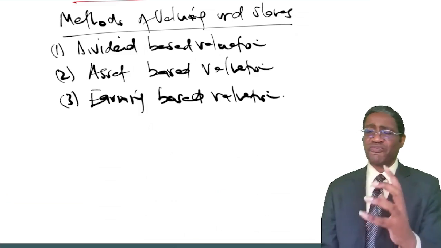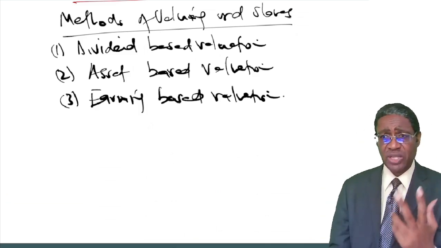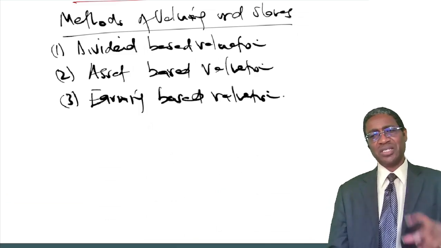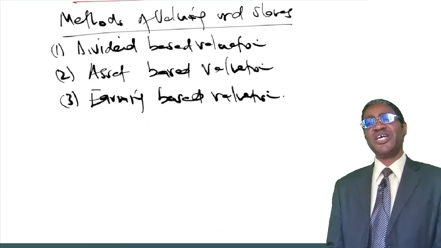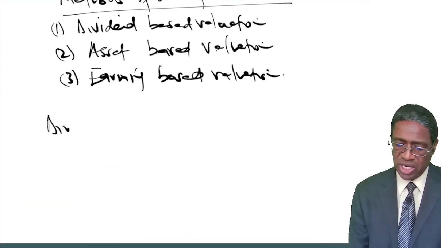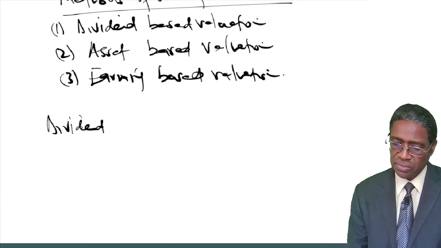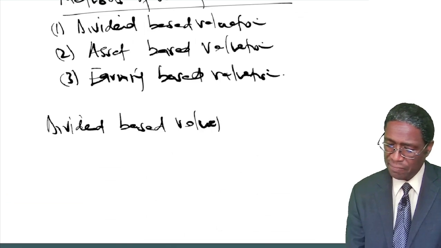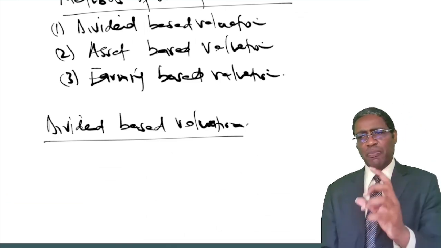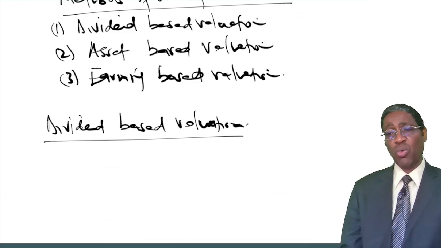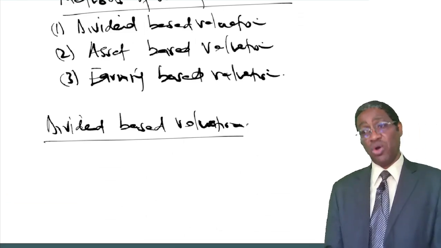So let me go to the first method of computing the value of ordinary shares, and that is the method we are calling the dividend-based valuation. Let me start with it. This approach of valuing ordinary shares, which we are calling the dividend-based, was developed by somebody called Gordon.